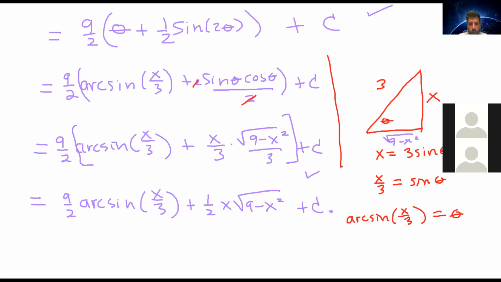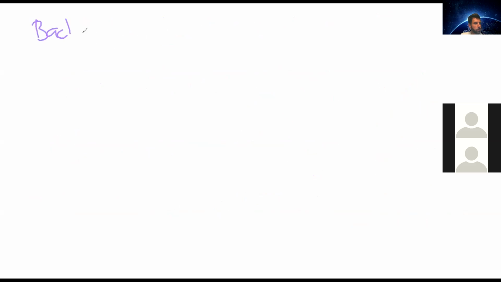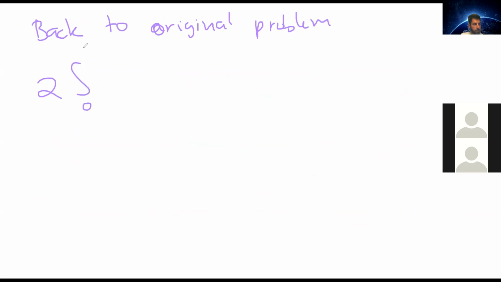Let's go back to the original problem and make sure it matches our intuition. We wanted to integrate 2 times the integral from 0 to 3 of the square root of 9 minus x squared dx.